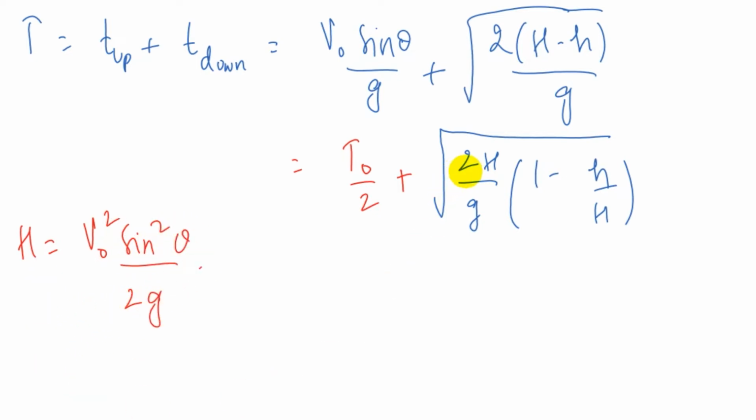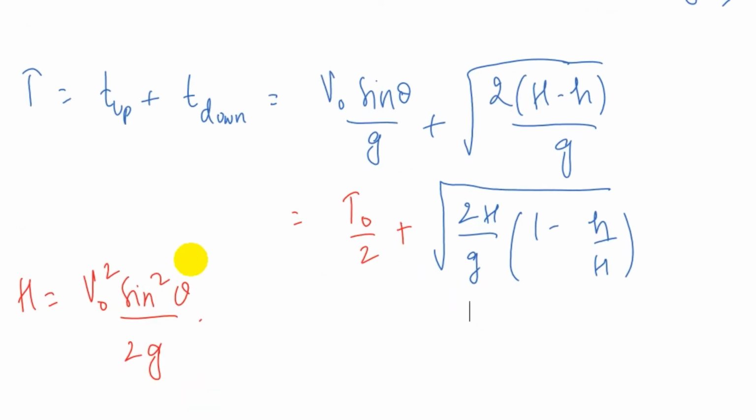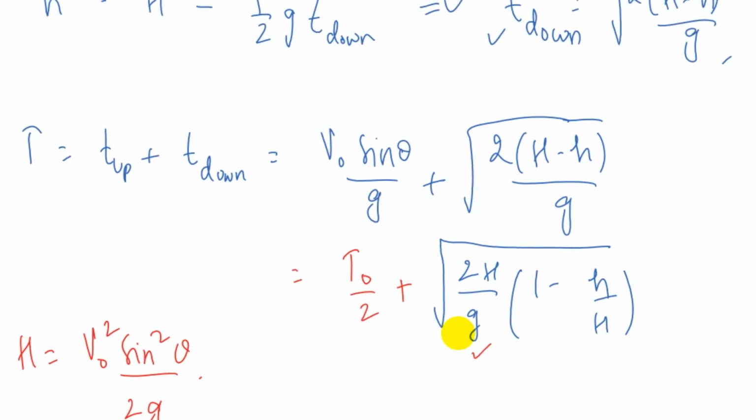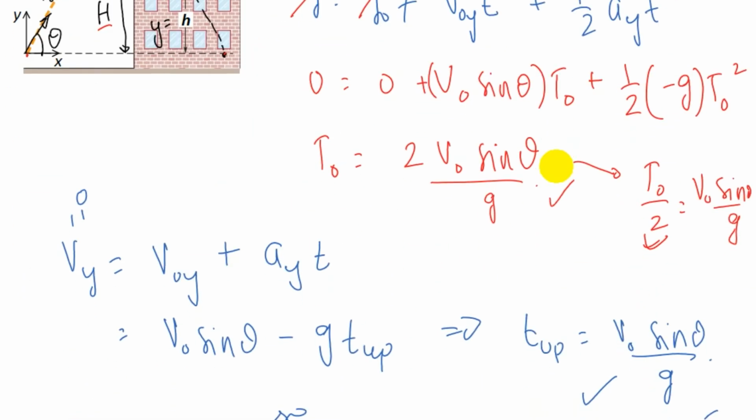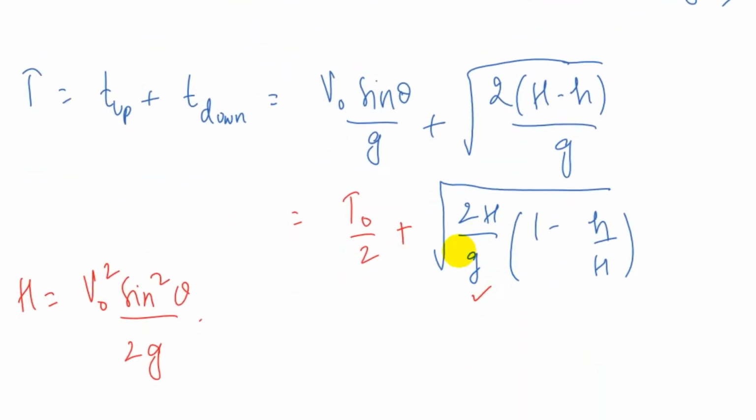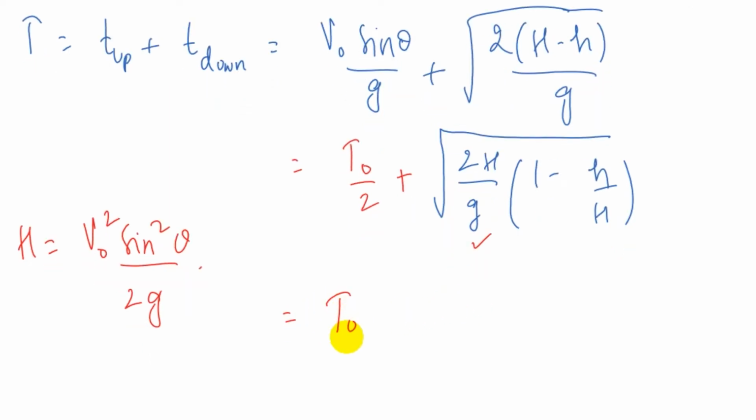So we can replace H here. And why are we doing this? Because we need to replace this g here, because in our expression there is no term of g. We have t naught and capital H, but there is no term for g. That is why we are doing all this, so that this g is cancelled out. Okay, so t naught over 2 plus under root 2 times H over g.